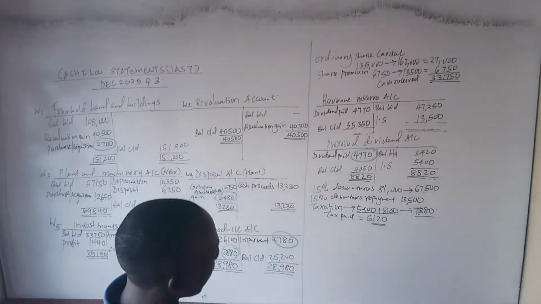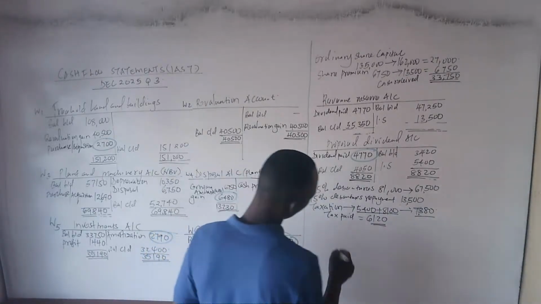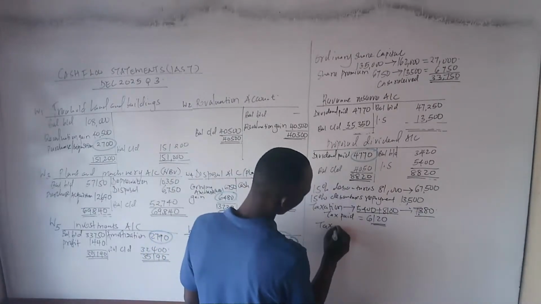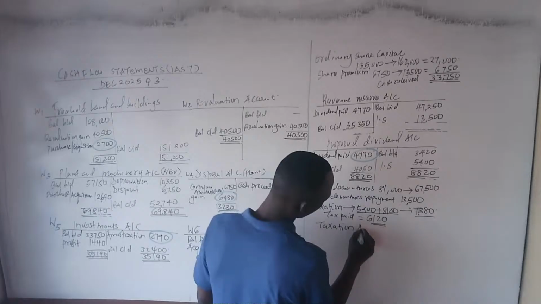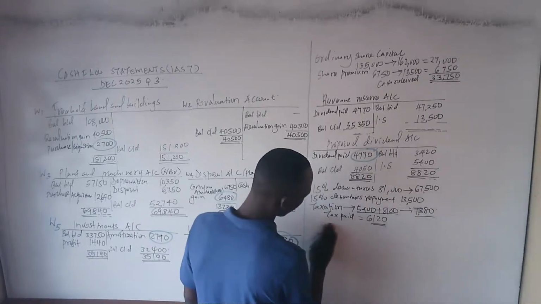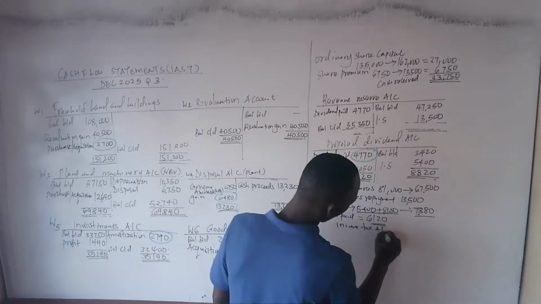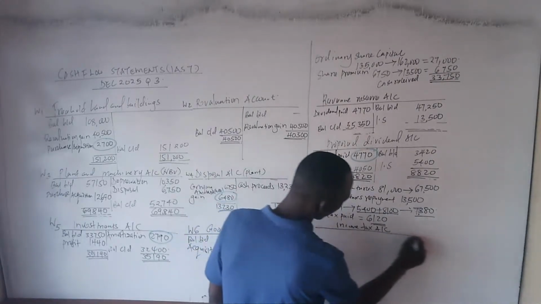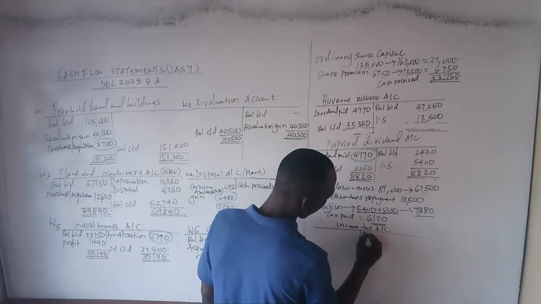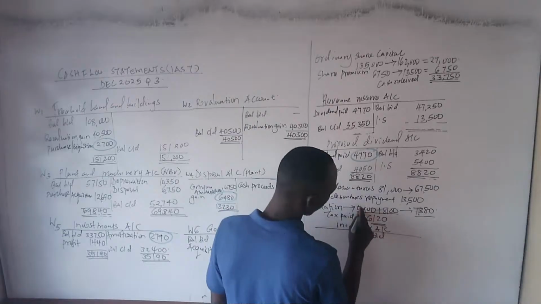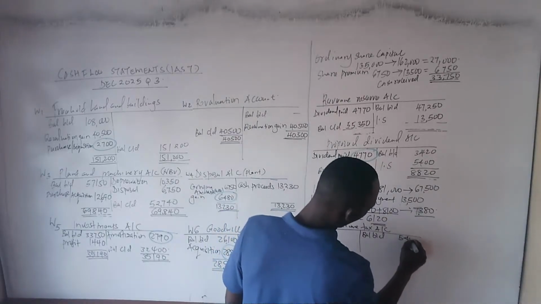Still, you can open an account. And because we are doing the first illustration, let us open the income tax account, for you to get the better explanation. So this is what we have. We have the balance brought down, 5,400.